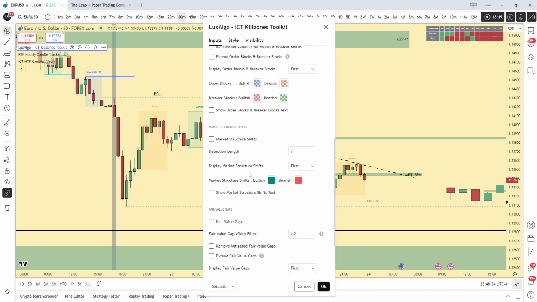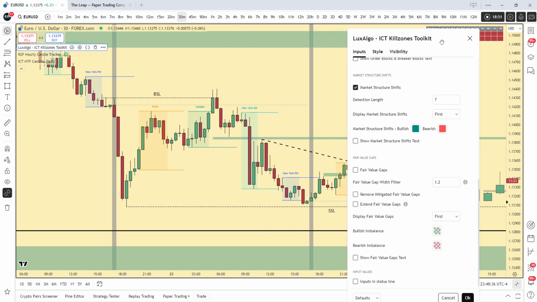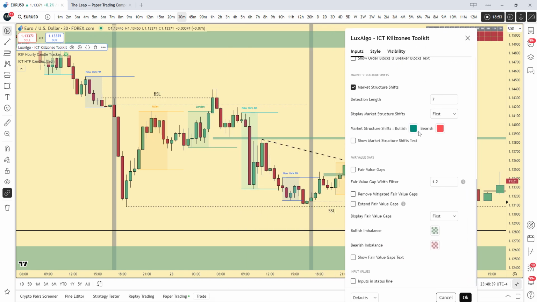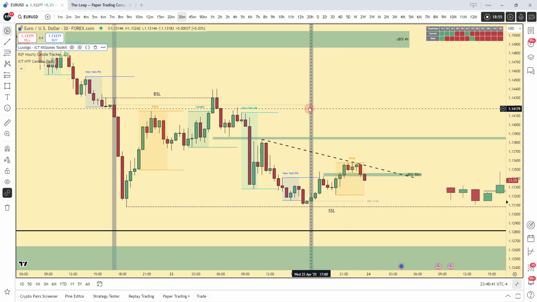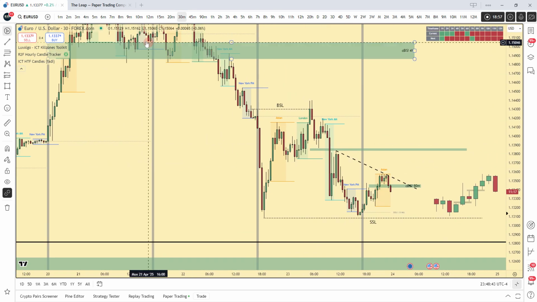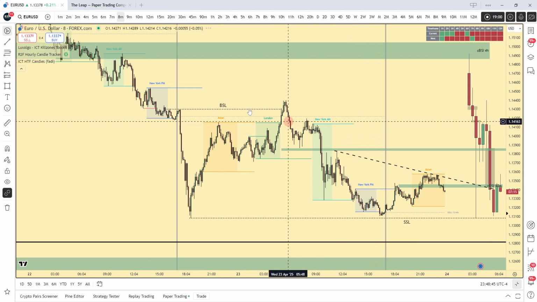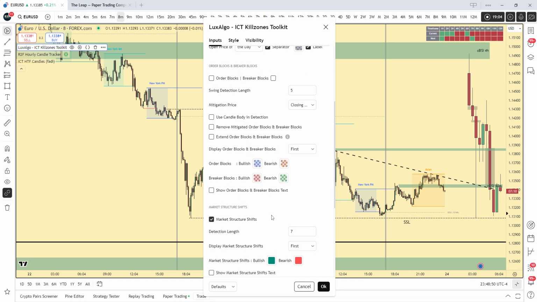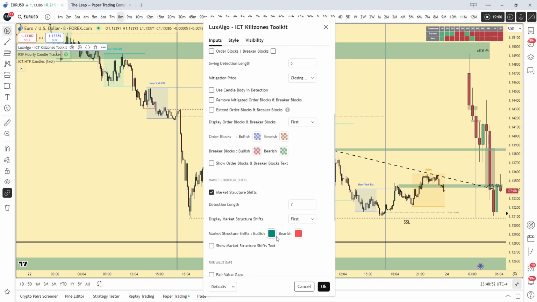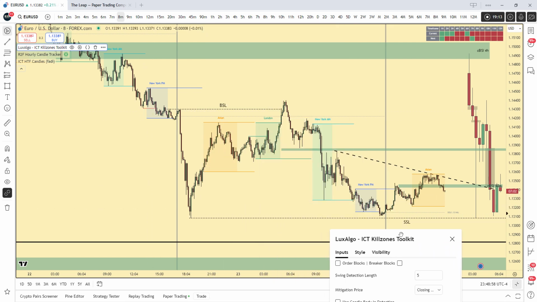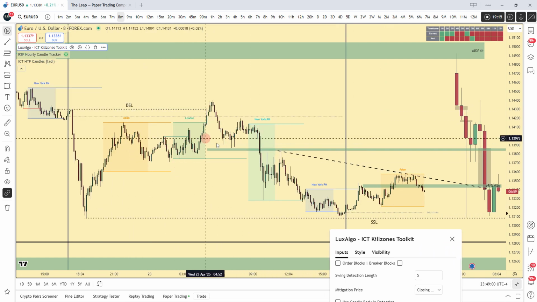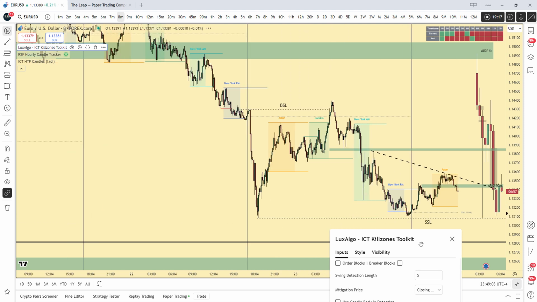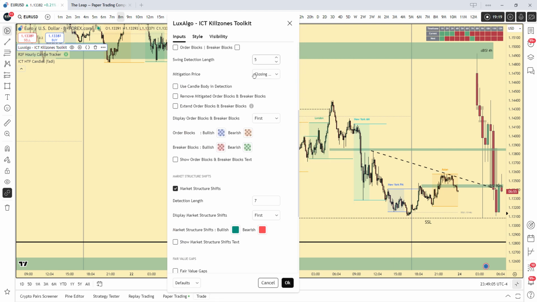It has like order blocks and market structure shifts and those sort of things that I don't really use, but yeah, they may seem interesting. I guess it's over here in this red line, green line. Over here, I guess. So it's interesting, I guess, if you want to study, but I don't use it that much.